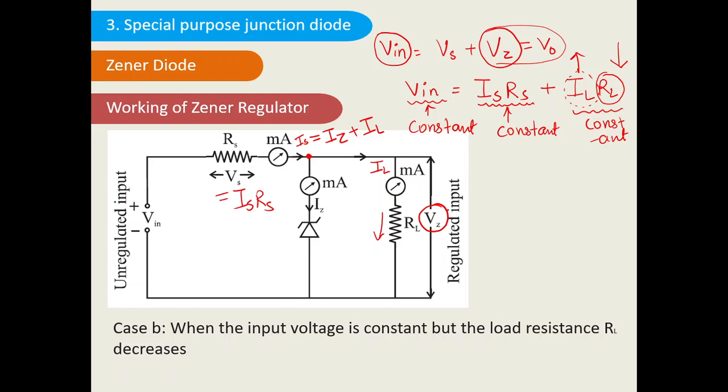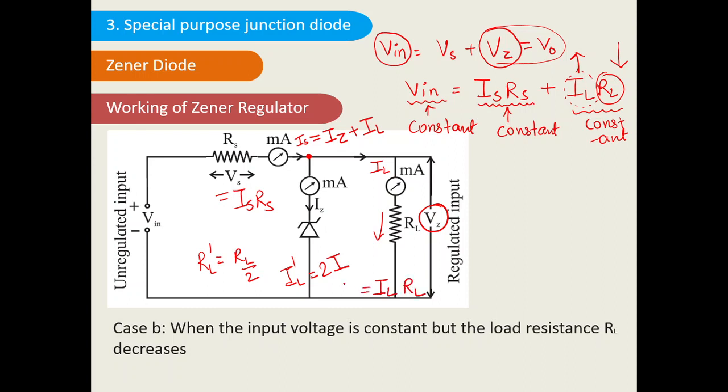For example, if RL is decreasing by 2, this IL will increase by 2, so it will become double, by a factor of 2. RL is decreasing by a factor of 2, IL will be increasing by a factor of 2. What was the value of IL into RL?